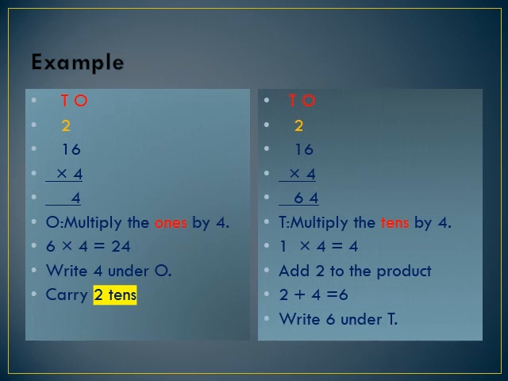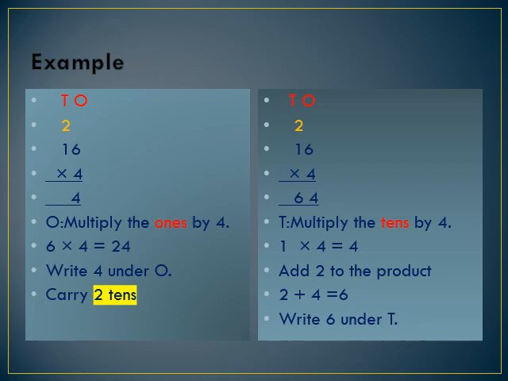Let us take one more example. Look at the example. 16 multiplied by 4. Here, we multiply the ones and tens one by one. Then we add the carried tens.